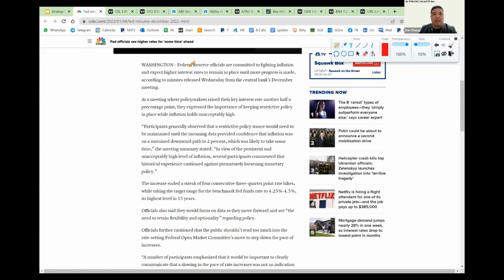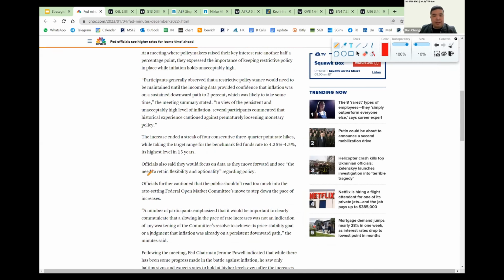They also say that they are committed to fighting inflation and expect higher rates to remain in place until more progress is made. And they also said that the public shouldn't read too much into the possibility of the FOMC slowing down the pace of increase.